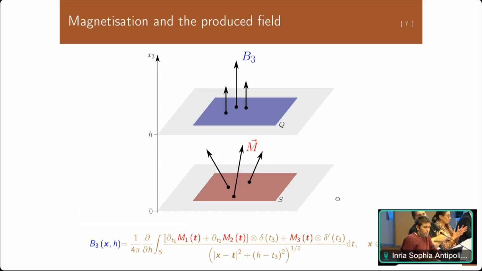The reconstruction we're talking about has an underlying mathematical, physical model that relates magnetization to the field, and I promise that's the only equation I show. This is just to say that there is a strict relation between what is measured and what we want to reconstruct.